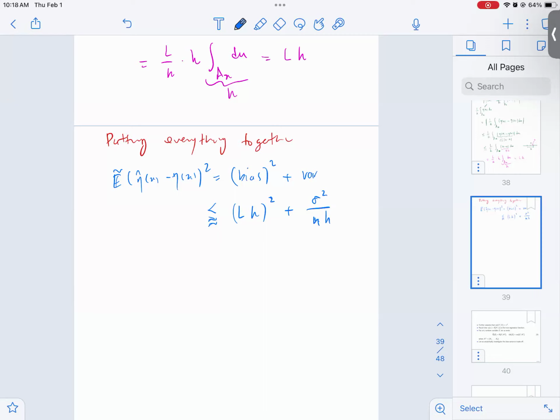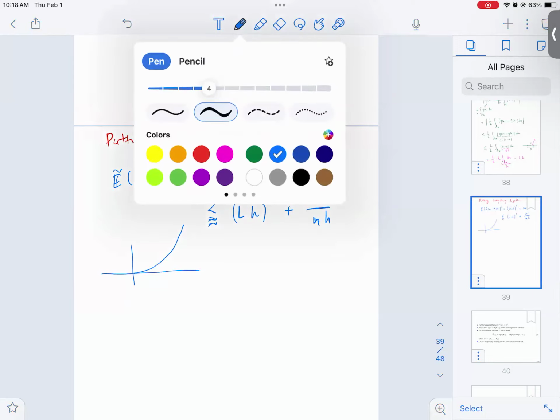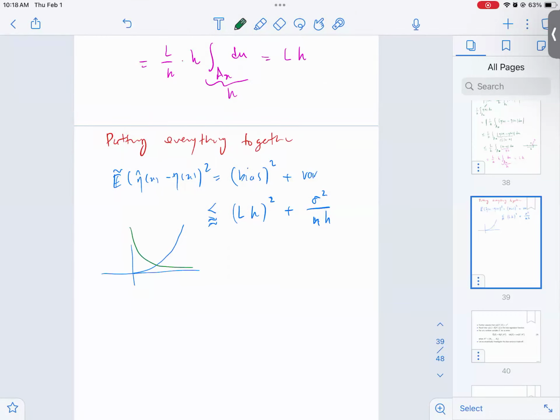So you can easily see now that when I increase h, the bias gets worse and this gets better. Decrease h, this gets better and this gets worse. And if you plot it, the bias is quadratic, and the variance goes down like that.